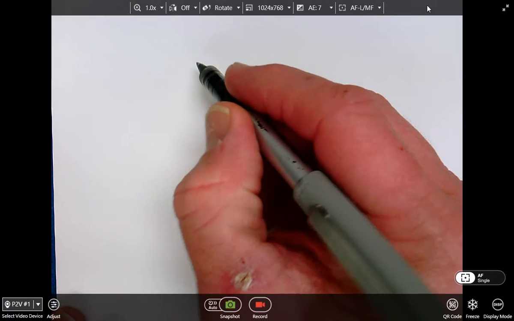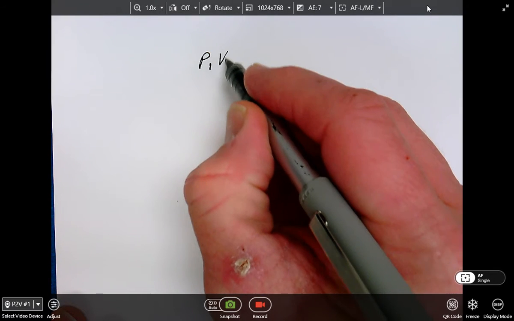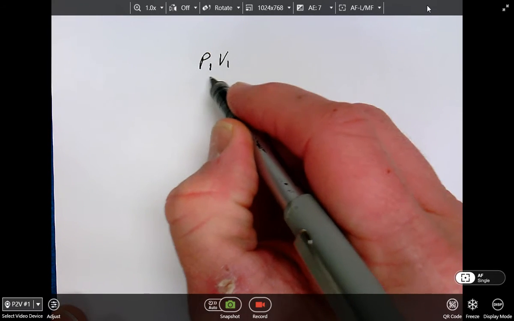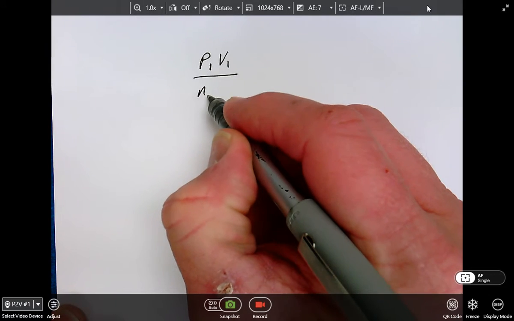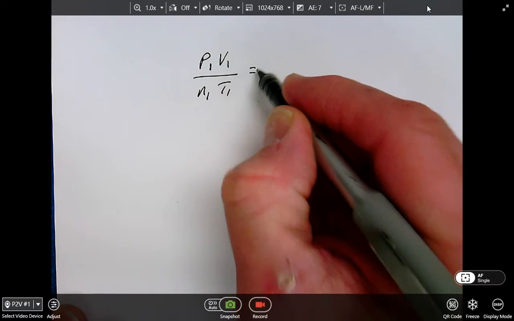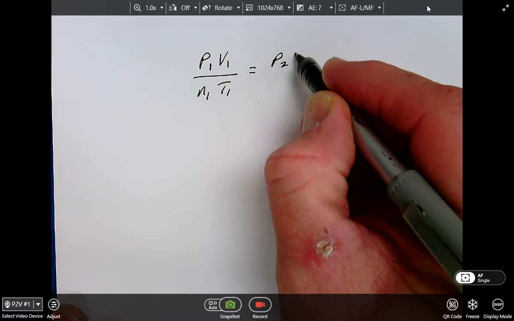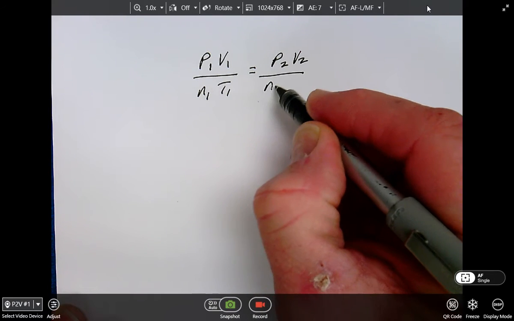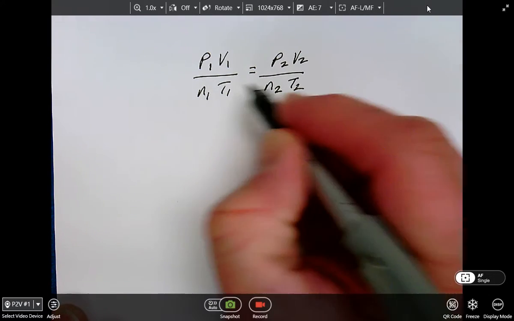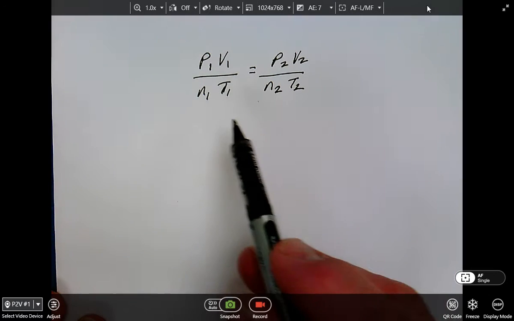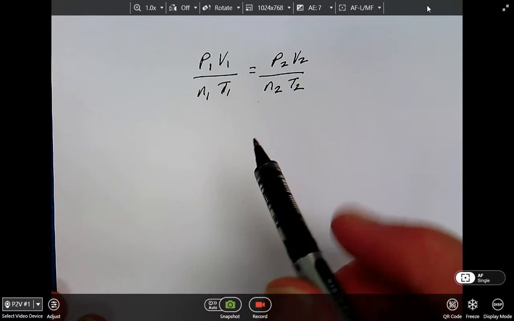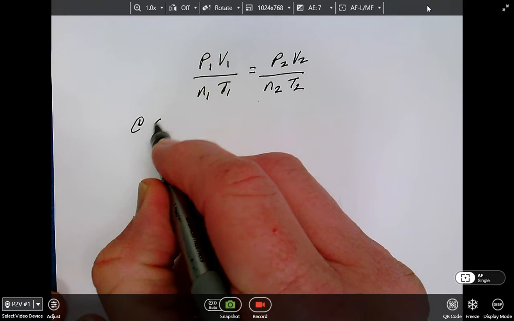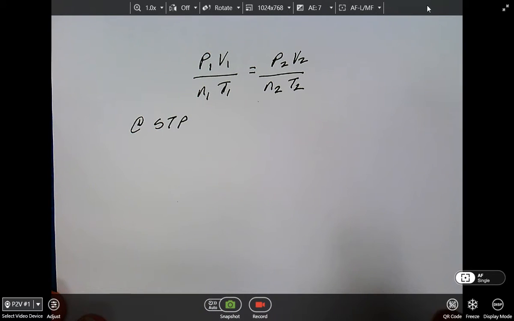So again, what you have here is your combined gas law, P1 times V1 over N1 T1 equals P2 V2 over N2 T2, okay? Now let's suppose we took this side and let's suppose that this is at STP. So what is the pressure at STP?